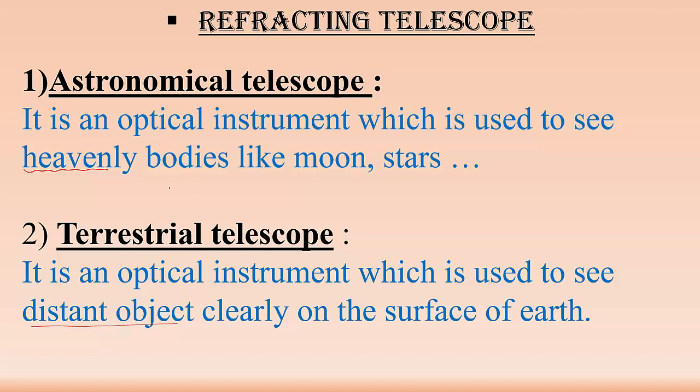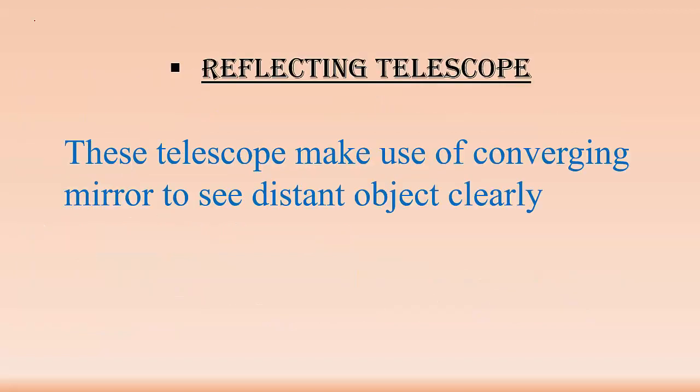Now in detail we can study the astronomical telescope. But before that, we first have to know the second type of telescope, that is the reflecting telescope. In this telescope, reflection of light takes place. For the reflection phenomenon, we should use mirrors. Here I am going to use a converging mirror, that means a concave mirror.